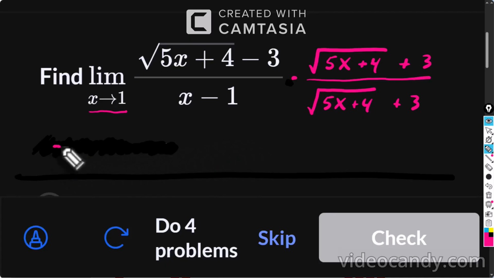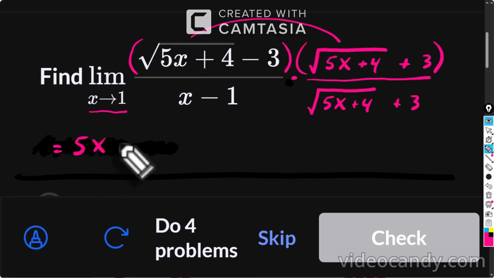So let's see. We're basically multiplying fractions here. So let's start with numerator times numerator. Radical 5x plus 4 times radical 5x plus 4 is just going to be 5x plus 4. Okay, recall that if you have the square root of x and you multiply that times the square root of x, you just remove the square root.